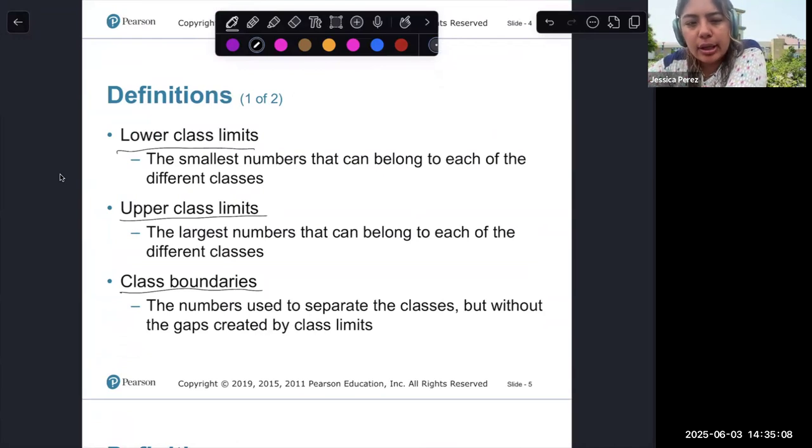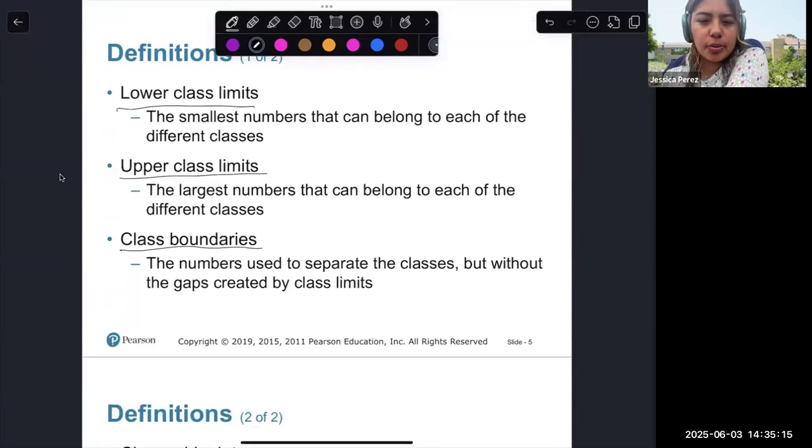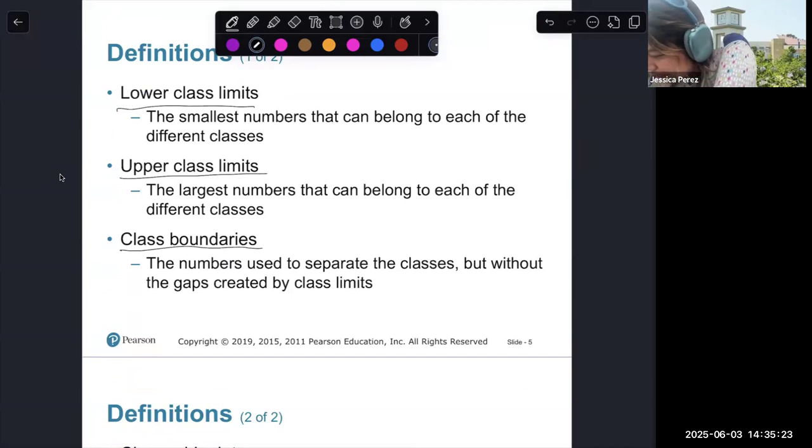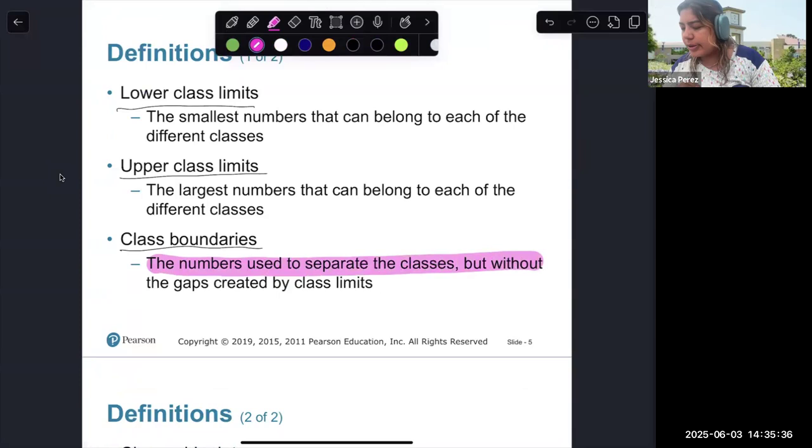A class boundary is the number used to separate the classes, but without the gaps created by class limits. So the boundaries are created to separate the classes without gaps.